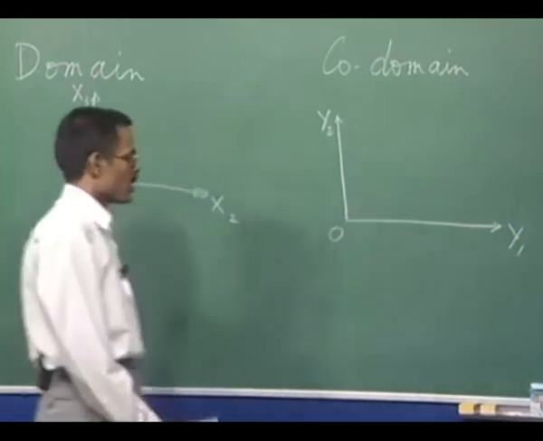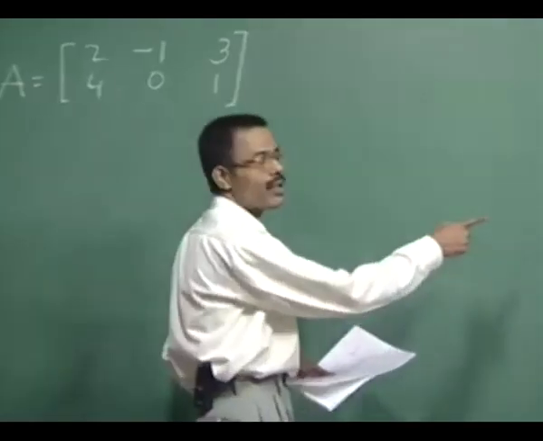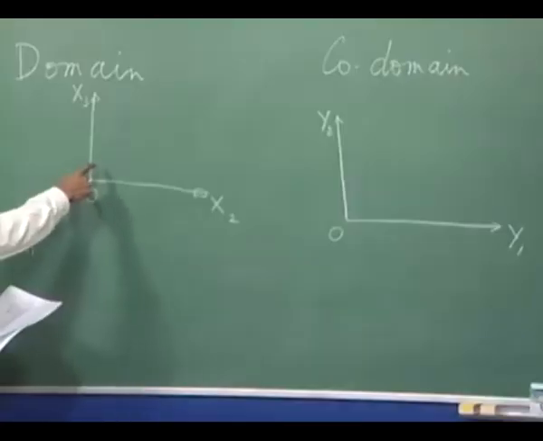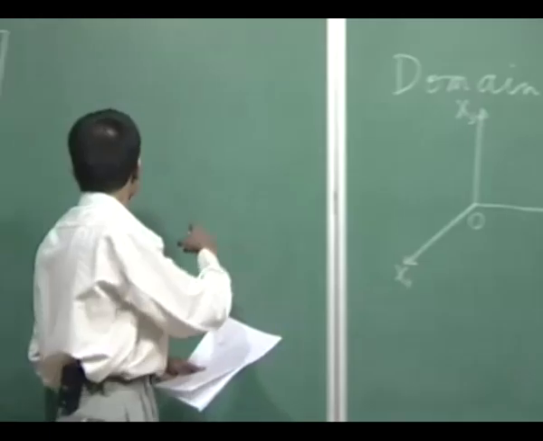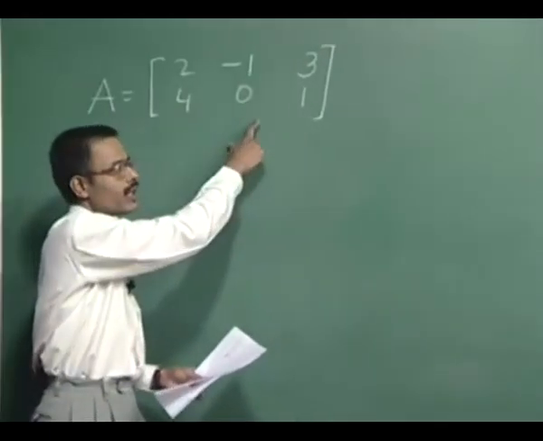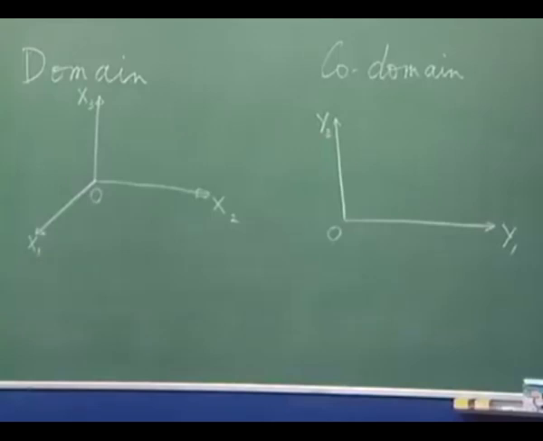Now, as we take several points in this domain and multiply the vector x1, x2, x3 with this matrix, we get coordinates y1, y2, which we can plot there.